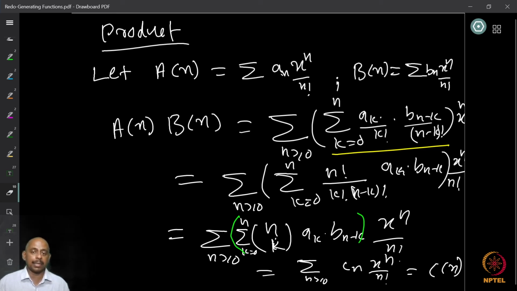And once you choose the k element set, its complement is unique. On the n minus k element set, I can put a B structure in b of n minus k many ways. So that is the number of ways of doing this, and that is what we want. Therefore, it makes sense.